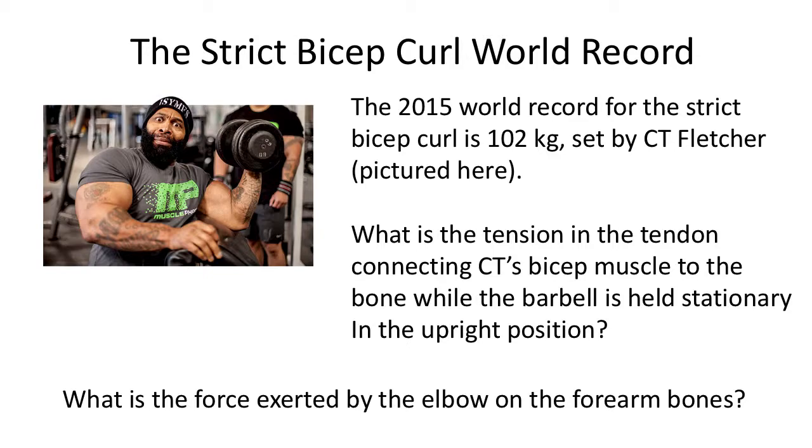So I have a positive torque due to that one, and I have a negative torque due to the barbell. And I know these distances, right? So I have the force of the tension times this little d sub t minus the force of the barbell times d sub b. And that has to equal 0. Again, total torque has to equal 0.